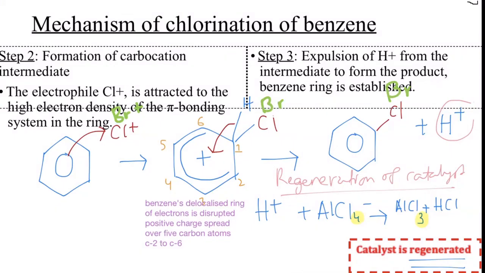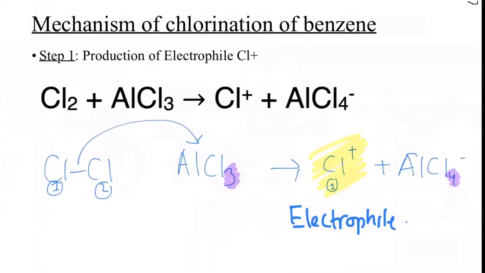And when we look at the previous one, if we are using Br, same thing, Br2 reacts with aluminium bromide to form Br plus electrophile and AlBr4 minus. Everything else is the same.